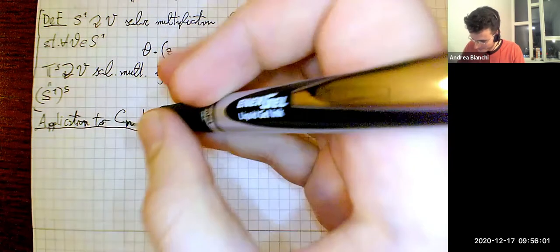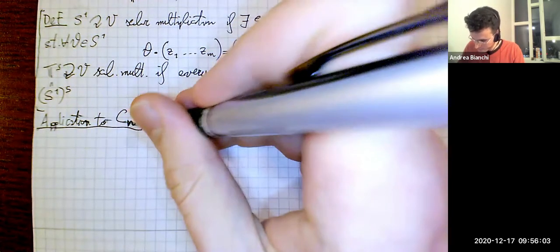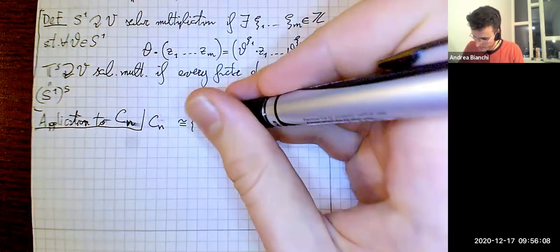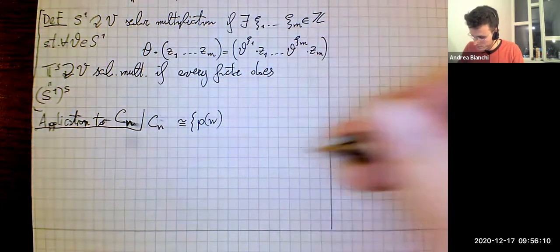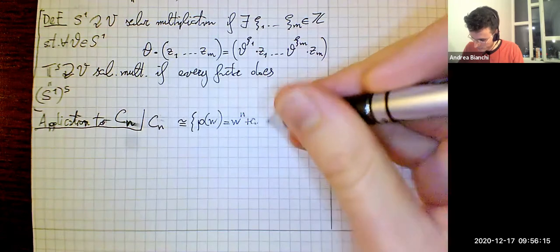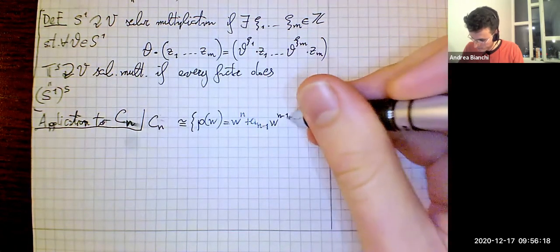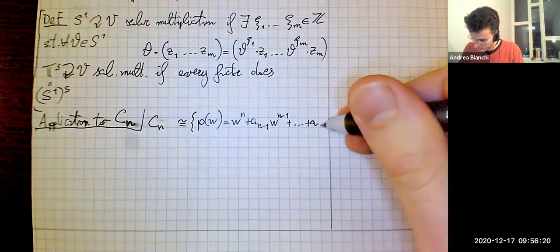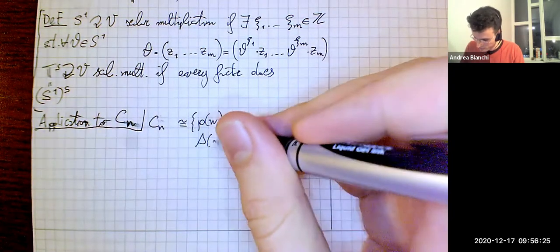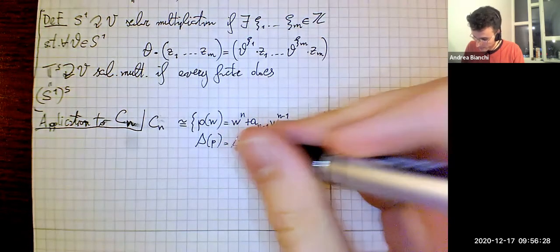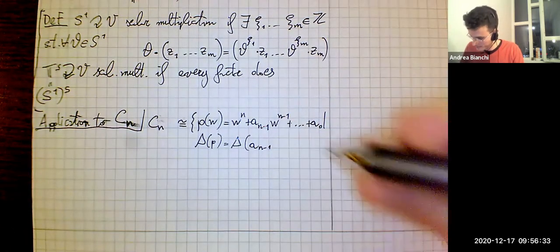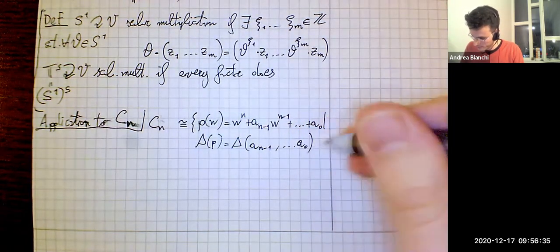So the space Cn is homeomorphic to the space of polynomials in one variable p of w of the form w to the n plus a(n minus 1) w to the n minus 1 plus up to a0, such that the discriminant of the polynomial, which is really itself a polynomial in the variables being the coefficients, doesn't vanish.